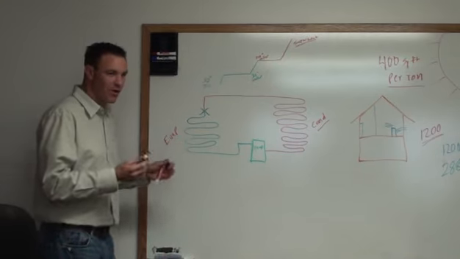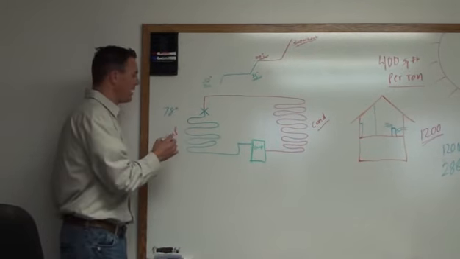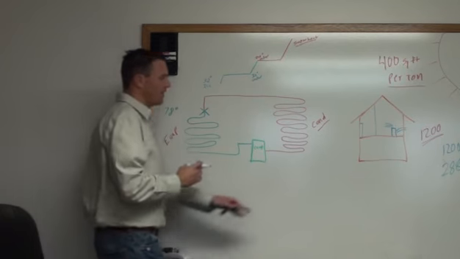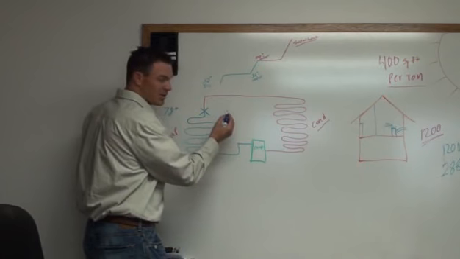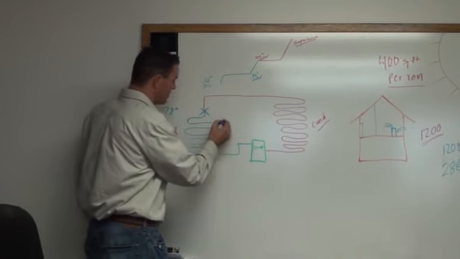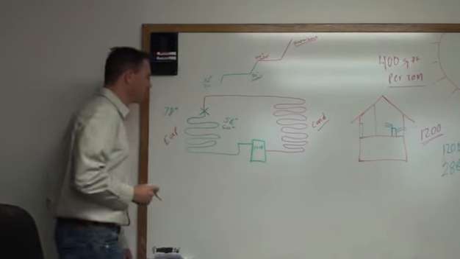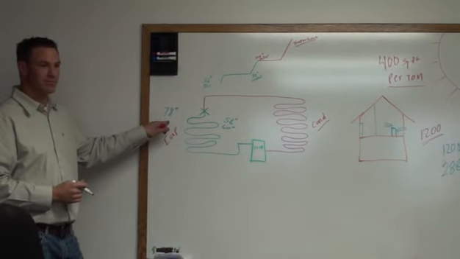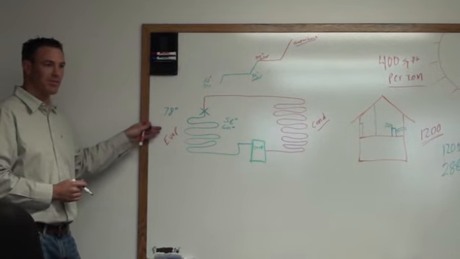So if the home was, say, 78 degrees, the airflow coming out of here should be 58, maybe even 60 degrees coming out of the unit. What you've done is you've absorbed 10 degrees or maybe even 20 degrees of heat from the home.